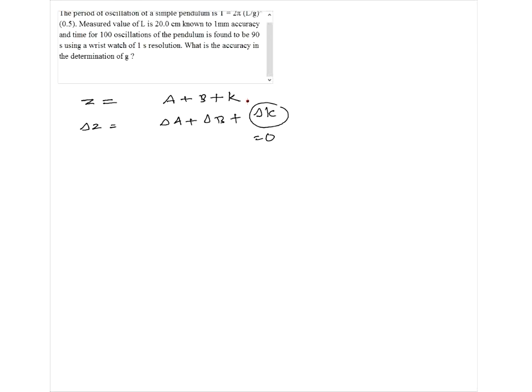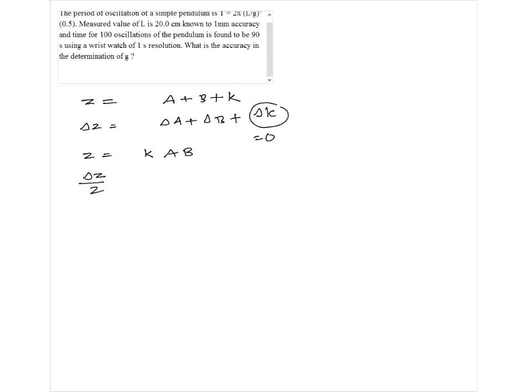But in this problem, T equal to 2 pi root L by g, 2 pi is a constant. So if you have something like this, z equal to k times A B, then what would you say?